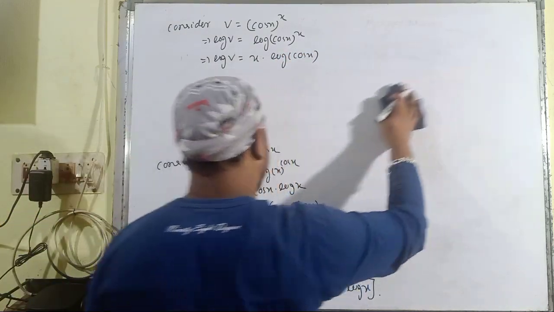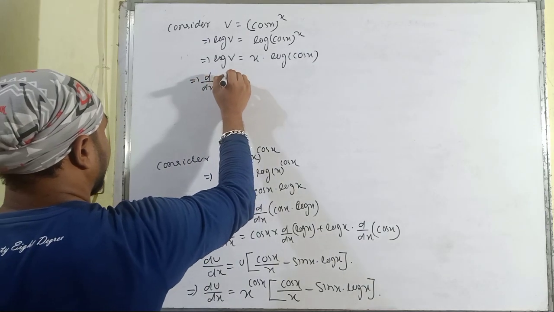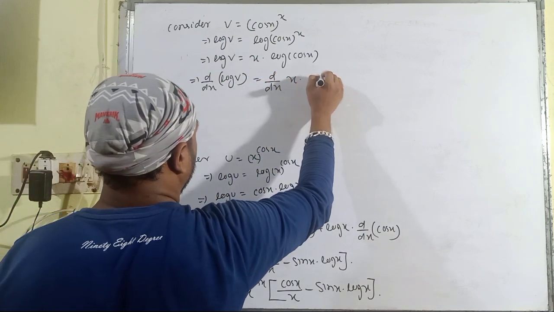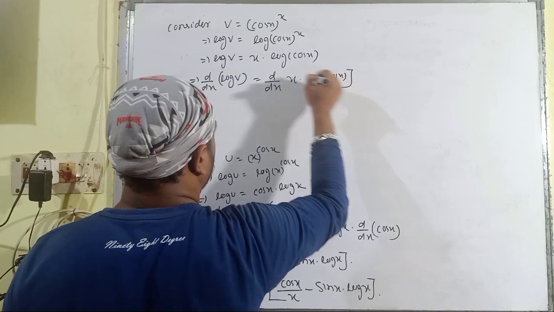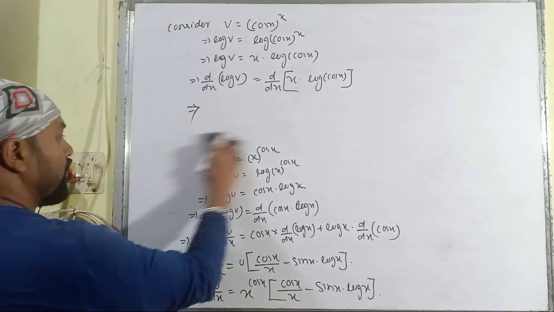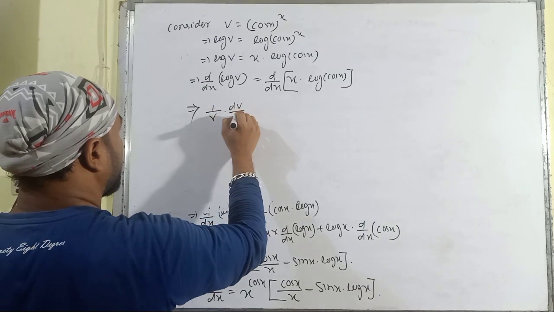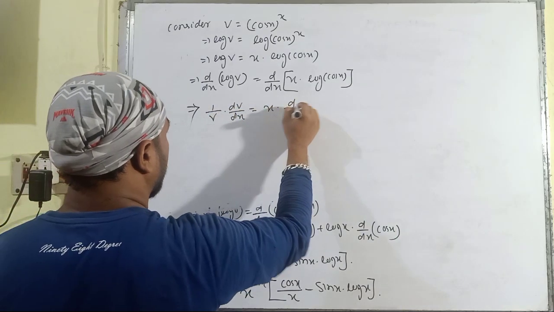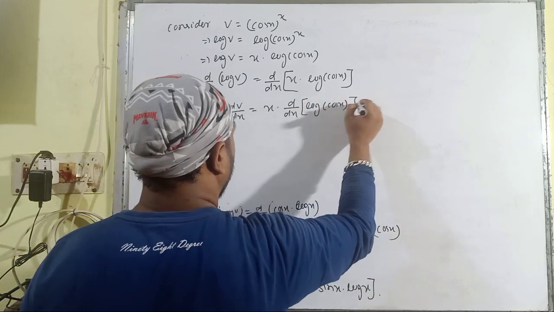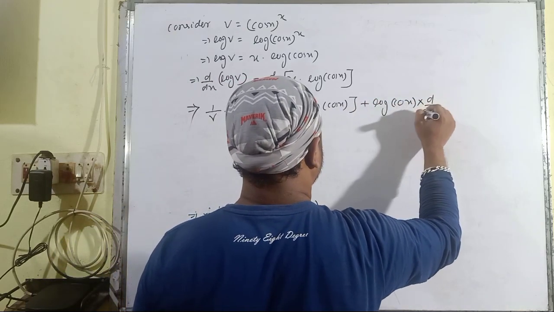Then differentiating both sides, we have it is 1 upon v dv upon dx, that is equal to x multiplied with differentiation of log cos x plus log cos x multiplied with the differentiation of x.